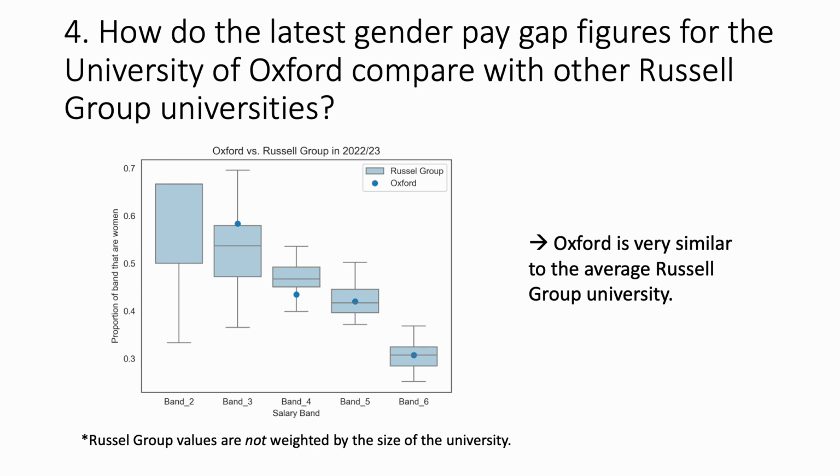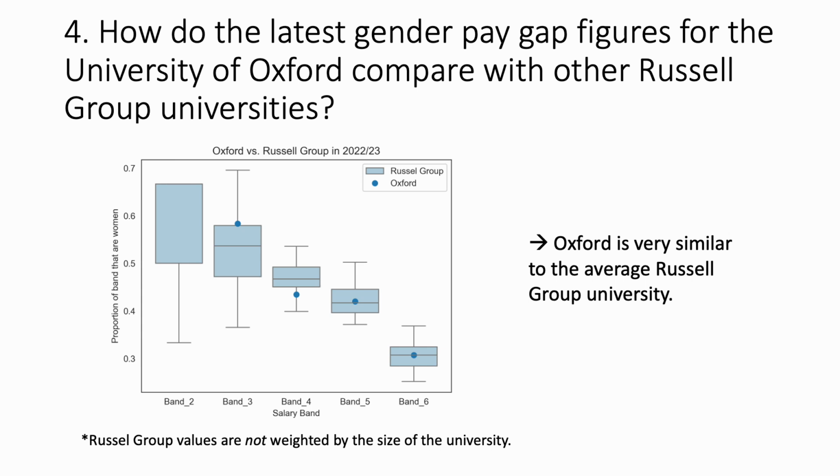So in this case, we plot a box plot which shows the distribution of the proportion of women in each salary band, and as you can see, because in Oxford there are no people being paid at band 2, you don't see the dot that represents Oxford in band 2's distribution.